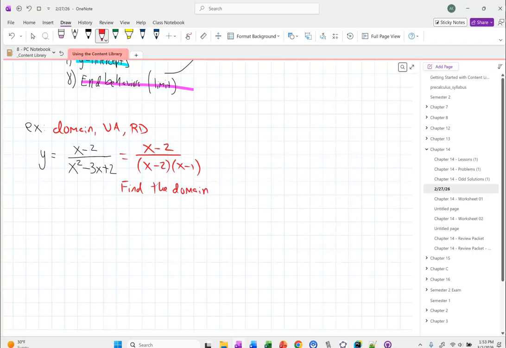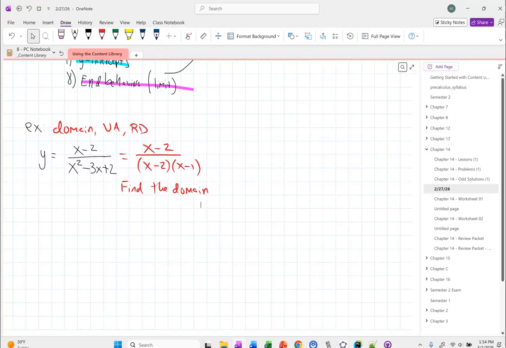we're going to find the domain now. Okay? When I divide two numbers, which is what we're doing right here, we have a top divided by a bottom, right? When does division fail? When does division not work? Oh, when one of the numbers is 0.